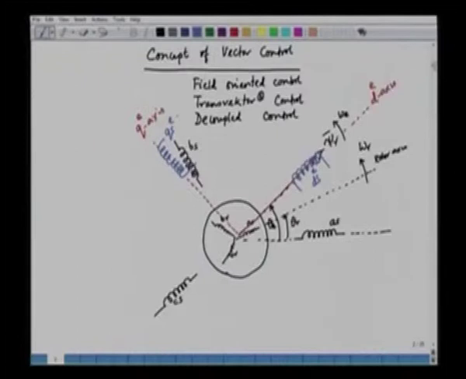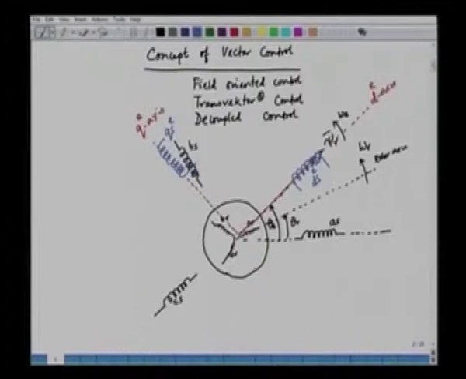We can call it qs^e. And similarly, in the rotor, we can always have an equivalent rotor winding also, like dr^e and qr^e. So we can have a rotor winding here in the rotor. This is dr^e, and similarly, we can have qr^e. As we have seen in case of Kron's primitive machine model, we can have two windings in the stator and two windings in the rotor, but these windings are not stationary, they are rotating at the speed of the rotor flux vector, because the reference frame is attached with the rotor flux vector.